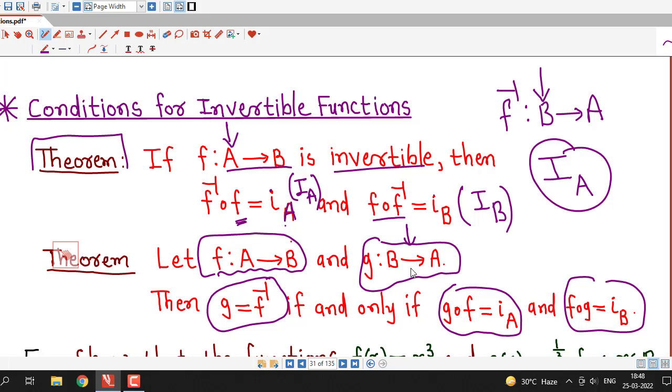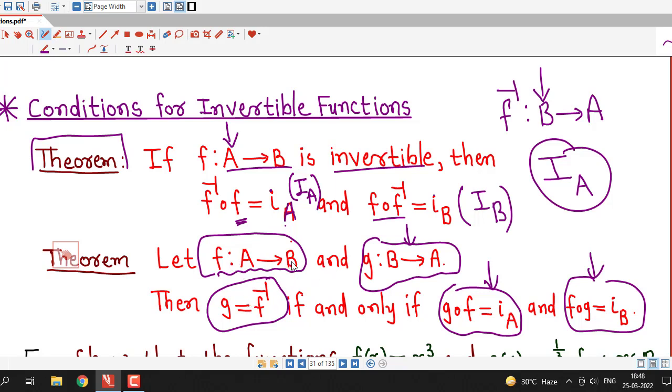Suppose you are given two functions and they ask you to check whether those two functions are inverses of each other or not, then you have to check their compositions. If their compositions are identity functions, then those two functions are inverses of each other.